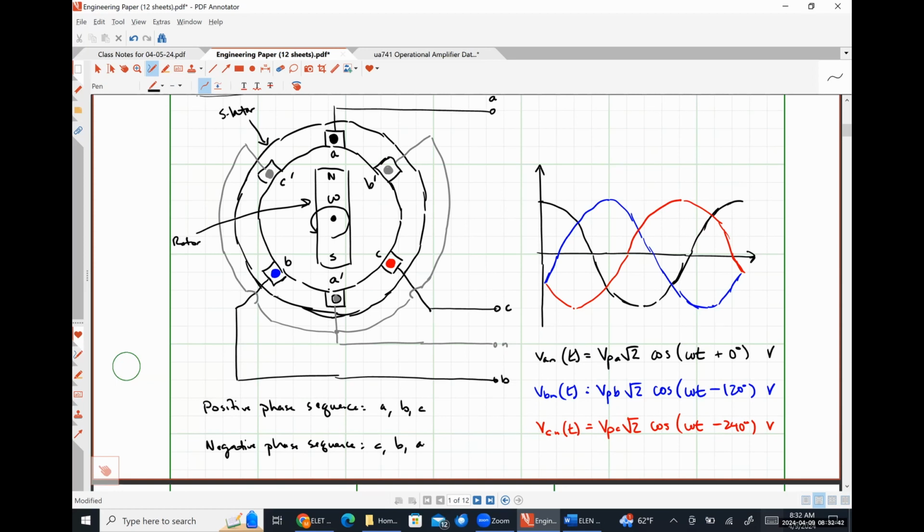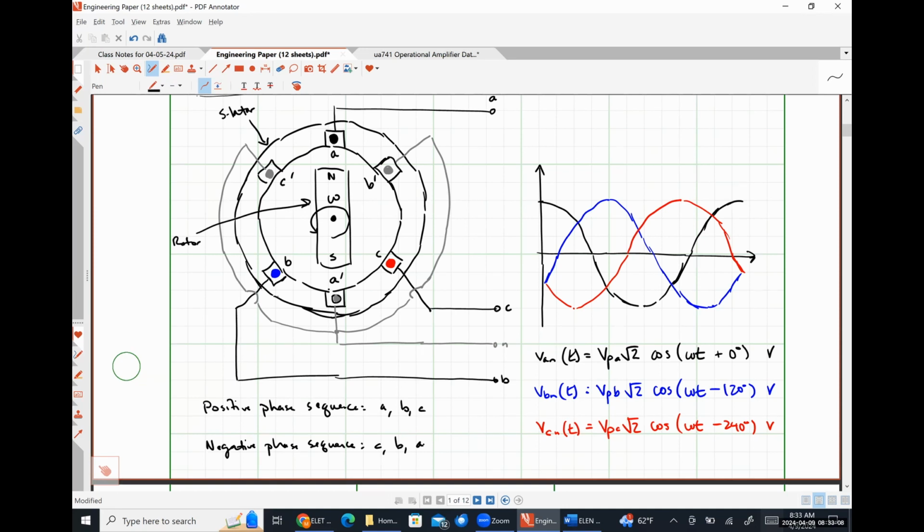So this is how three-phase voltages are generated. So let's talk about a couple of things here really quickly, okay? The phase angle between the phases is always going to be 120 degrees because our coils are physically located 120 degrees away from each other, okay?